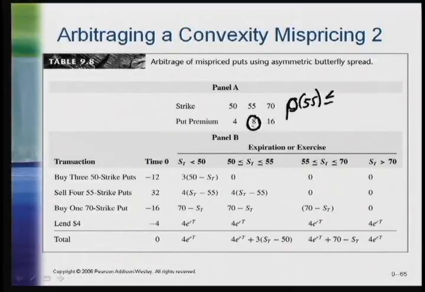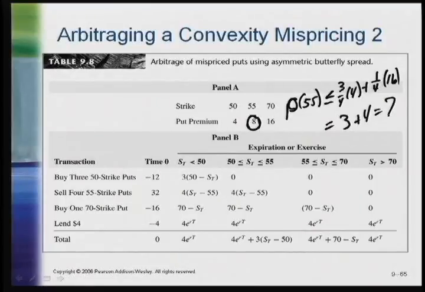The weight on 4 is 3/4, and the weight on 16 is 1/4. So I get 3 plus 4, which is 7. According to convexity, the put price of the 55 strike should be no greater than 7. As we can see, it's 8.